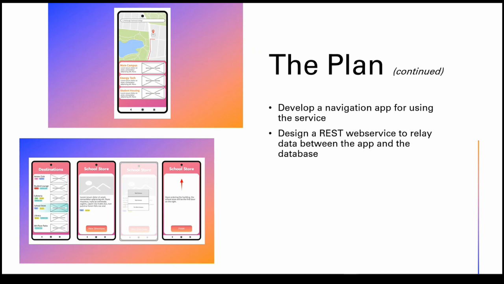First one being the destinations page, which allows you to select, say, a room. You could choose the cafeteria, the bookstore, or room 603, like we're in right now. And then from there, you get your navigation instructions, which is visualized by an arrow with instructions written out that tell you where to go.